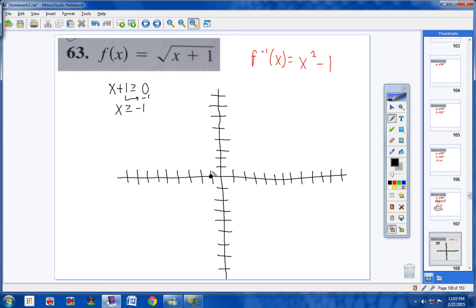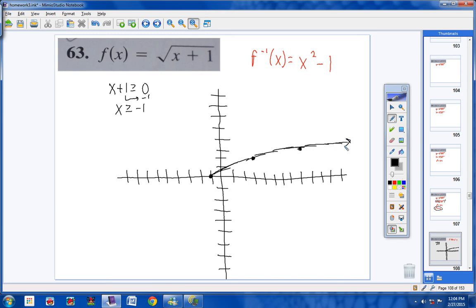If I put a 3 in for x, 3 plus 1 is 4, so I'll get out a 2. If I put in an 8 for x, 8 plus 1 is 9, and the square root of 9 is 3, so I'll get out a 3. So I'm getting a pretty decent little curve here. Square root graphs are going to be curves like this.